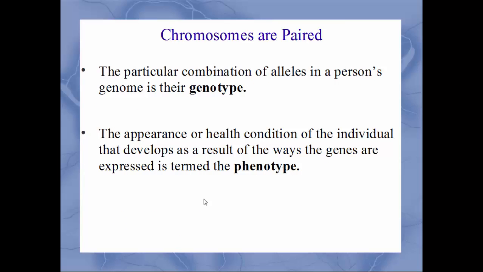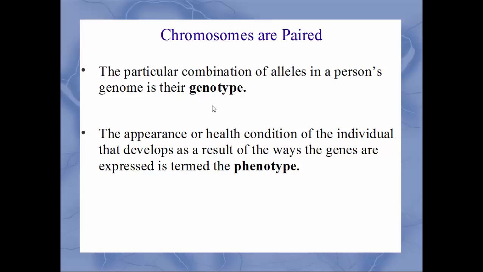These two terms here are often confused, and they really shouldn't be, because the names tell you what we're talking about. We're talking about the combination of alleles in a person's genome. That's their genotype. So when you're talking about the genes themselves, that's the genotype.